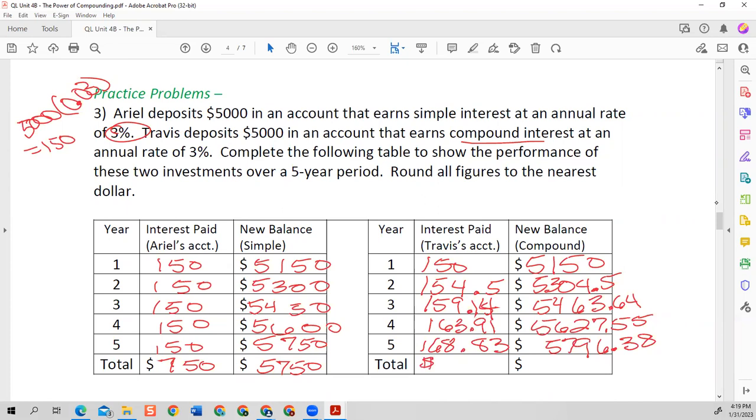Gives me this grand total of $796.38. And we're going to end with a balance of $5,796.38. Okay, so again, we multiplied 0.03 to this column to add it back to that column. And then whatever we get, we just kept adding down. Okay, so y'all got the point. So let's go on to our next one.